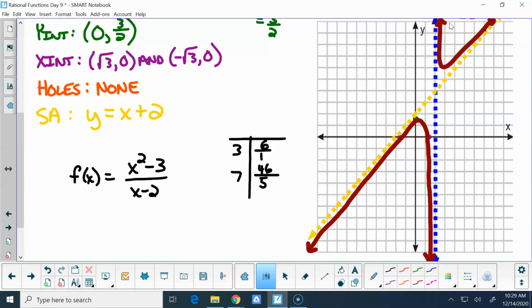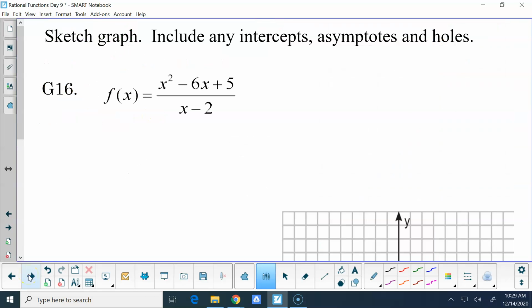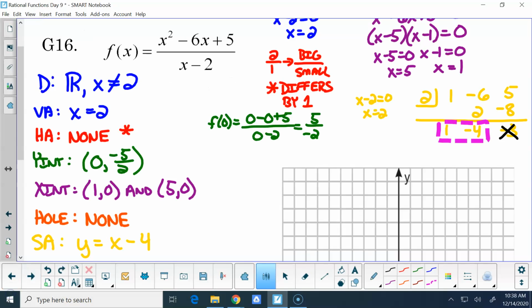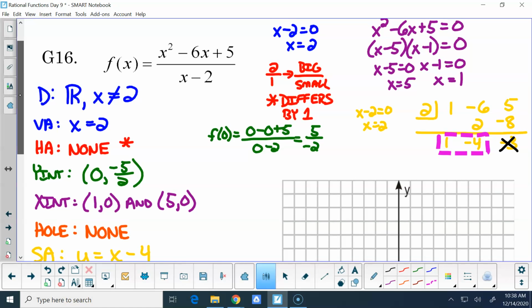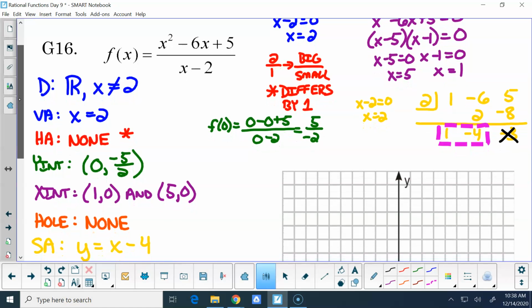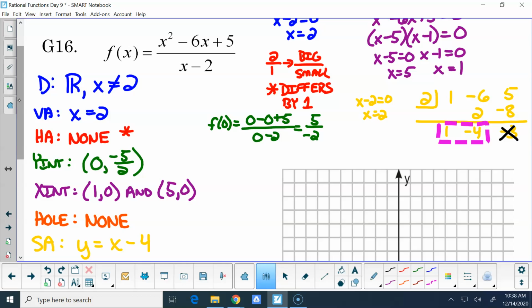Okay. You try that one. So that's what I got for my side information, the stuff that I'm going to need to use for my graph.